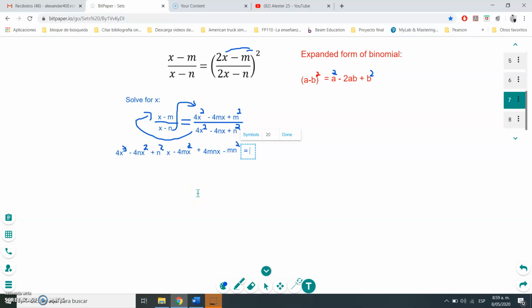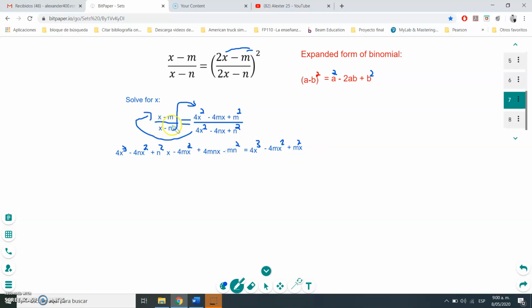We will have 4x cubed, then minus 4mx squared, then plus m squared x.